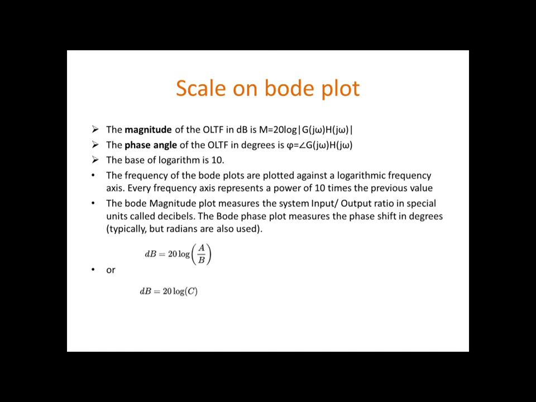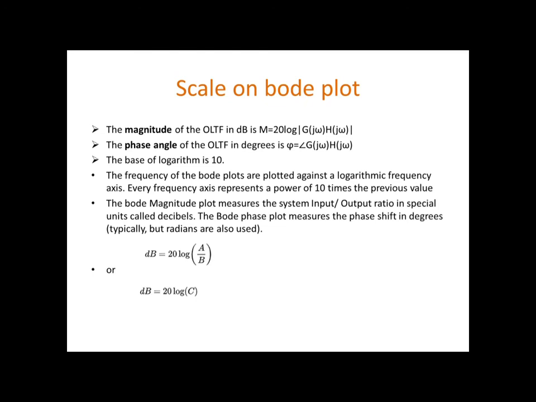And the next one is the frequency of the Bode plot, which is plotted against the logarithmic frequency axis. And every step on the frequency axis represents a power of 10 times the previous value, and that is known as the decade. The term decade comes from the Latin word that means 10, and a decade is an increase in frequency by 10 times.